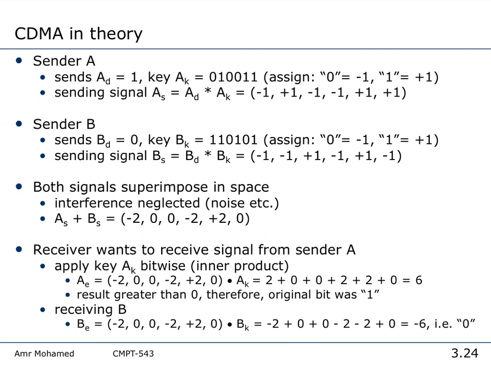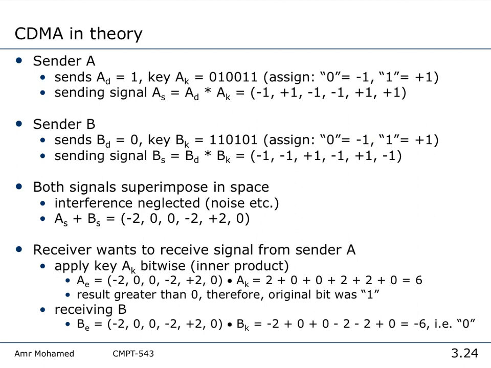So sender B wants to send 0, and in that case, this is the code. If you convert that to -1 and 1, and multiply this by this, the answer should be 0. Remember this is 0, so this is -1.